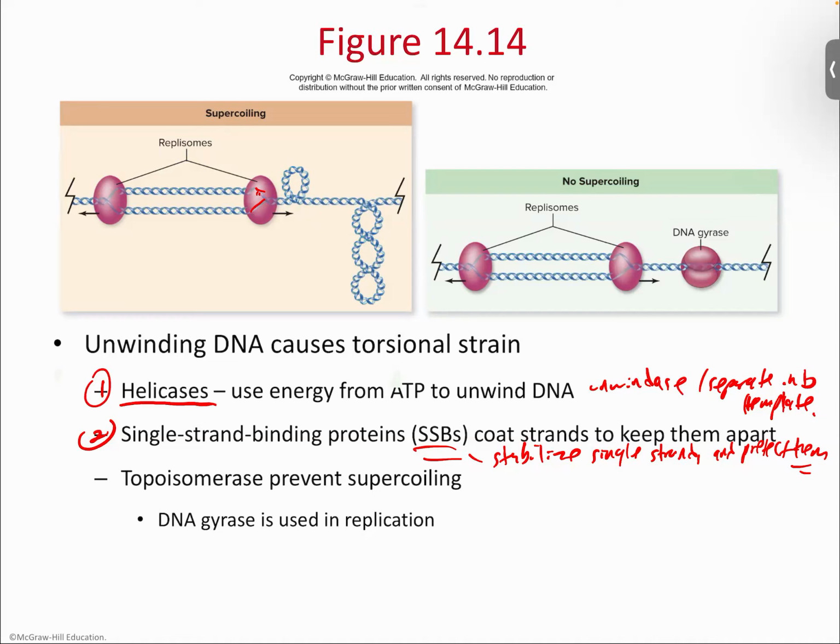They'll also protect it. Why does it need to protect it? What's the fate of single-stranded nucleic acid in a cell? The fate of all single-stranded nucleic acid in a cell is to get degraded. If you've got single-stranded nucleic acid in a cell, exonucleases will go after it and start chopping it all up.